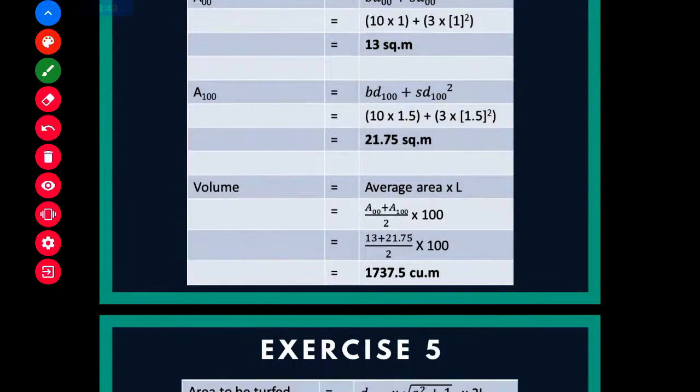Right, so average area you take 13 for chainage 00 and 21.75 for chainage 100. You divide by 2, you will get the average, and this one is the length. So the volume for this road is 1737.5 cubic meter.